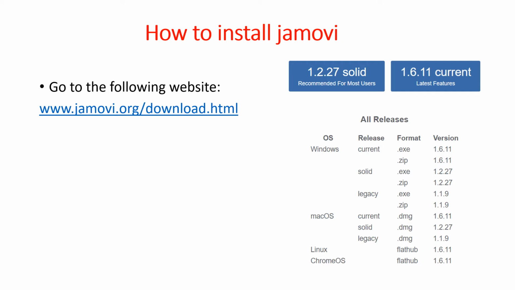One is solid and one is current. The solid one is the one which has been tested by most users, so you can download the solid one. The current one is the one with the latest features, but hasn't been really tested. It might still have some bugs, but I'm using the current one and it's working very well for me.